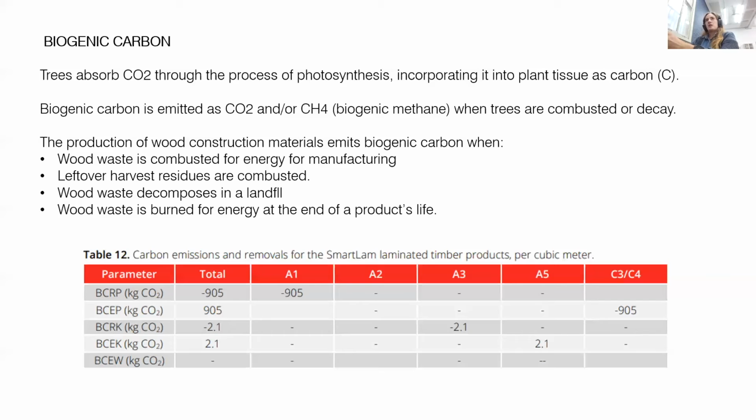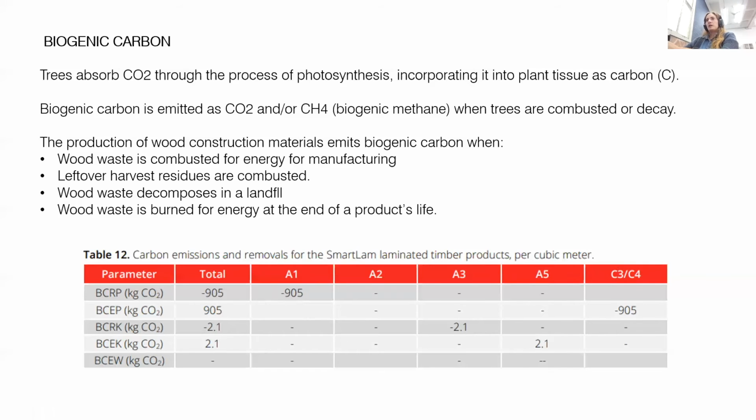So this idea of biogenic carbon is saying that in the early stages of the life cycle, you can take a lot of carbon out of the atmosphere because you're storing it as wood. But the reality is, because we're not looking at phases after A1 through A3 in the product declarations, you really have to consider what happens at the end of life of that material.